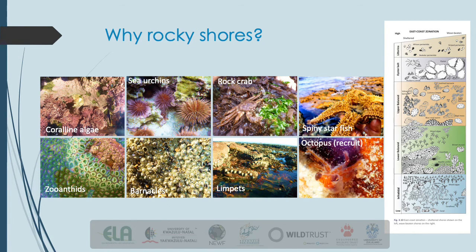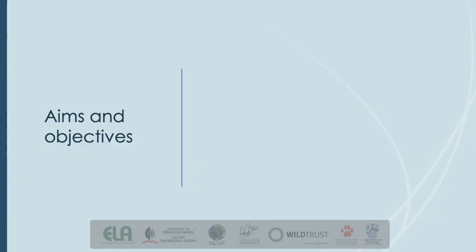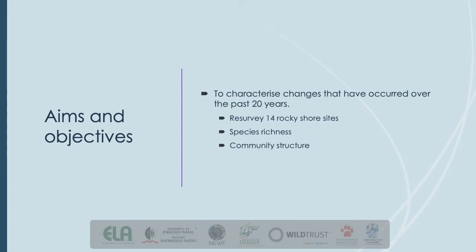So the aims of my study were to characterize the changes that have occurred since the study done by Dr. Sink in 1996, by resurveying 14 of the 39 sites that she surveyed back in 96. I compared the species richness between 1996 and 2018, and I also compared the changes in community structure.